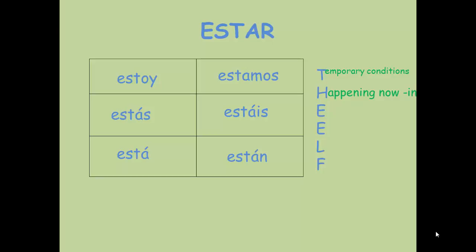The letter E stands for emotions, how they're feeling, how they're doing. Estar is the second E, and the L in ELF is location. And then the F is feelings. So you can put a little star next to that location. Remember, however, if you're talking about where an event takes place, that would be ser.